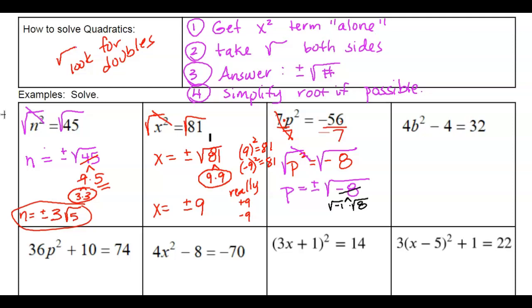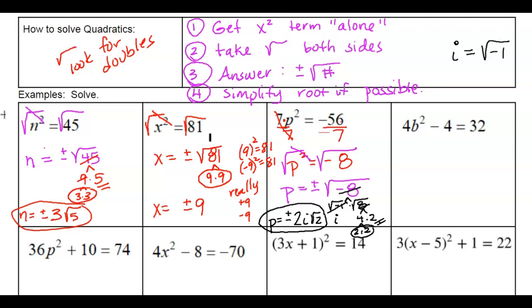The square root of negative 1, by definition, is i. The 8 I want to break down: 4 times 2, and then break the 4 down, 2 times 2. So here's a double, and here's a single. What that means is my final answer is plus and minus. I have a 2 double, so the 2 comes out. I have an i, and then this single 2 stays in the root.